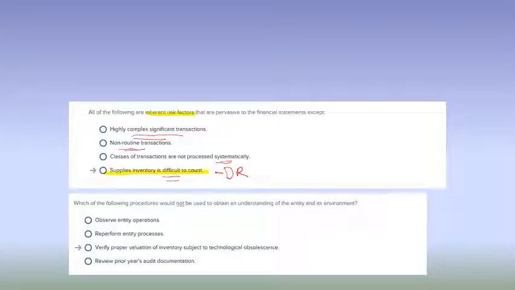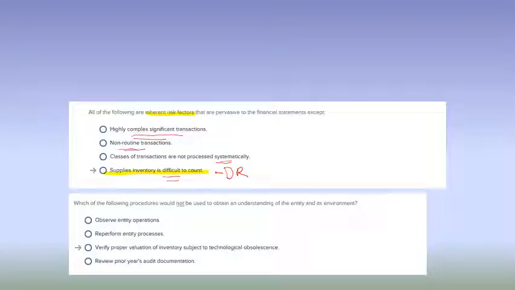In our little example, we were more observing how they went through their processes, but we might ask if we can sit there and see how the cameras are used by security personnel to observe what's going on, etc. That would be more of a reperformance. And then reviewing prior year's audit documentation would be a good way to obtain an understanding of the entity and its environment, because all of that would have been documented the previous year.